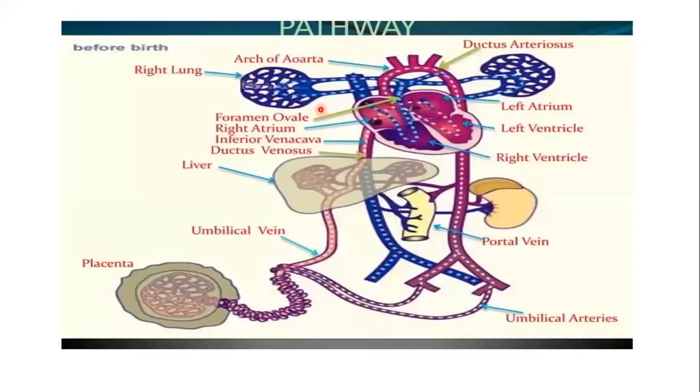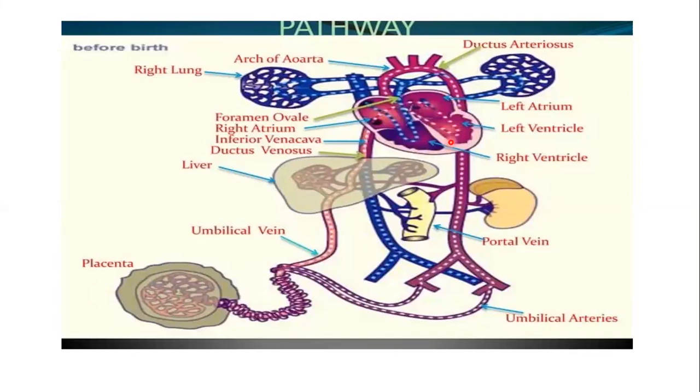So this diagram will explain most of the things I've just said, like a summary of everything we have been discussing. If you look at it, let's start from the heart itself. The left ventricle pumps blood, the blood that comes through the foramen ovale to the left ventricle.